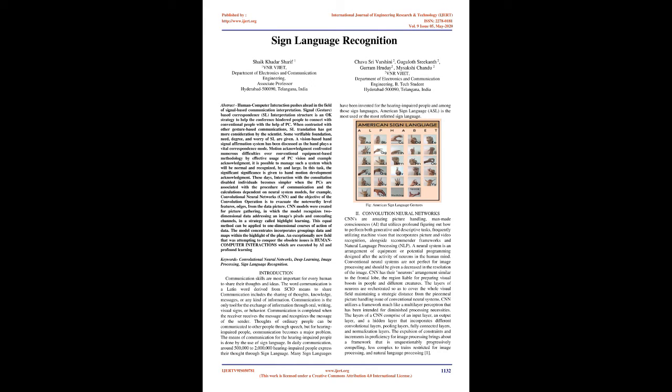CNN models were created for image classification, in which the model recognizes two-dimensional data representing an image's pixels and color channels, in a strategy called feature learning. This same method can be applied to one-dimensional sequences of data. The model incorporates sequence data and maps within the feature of the plan.